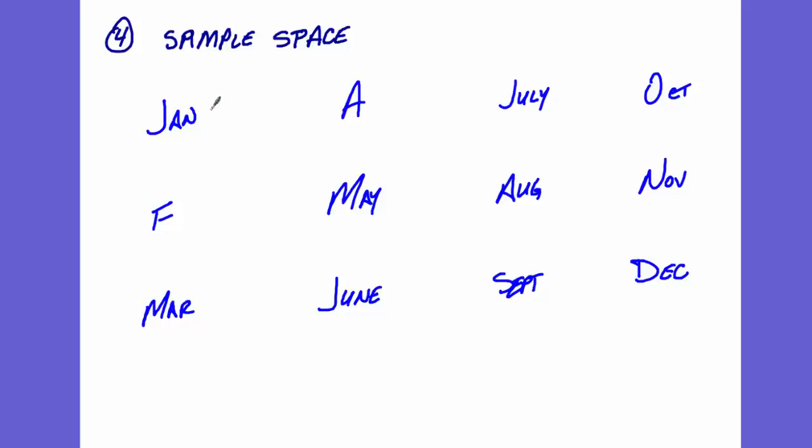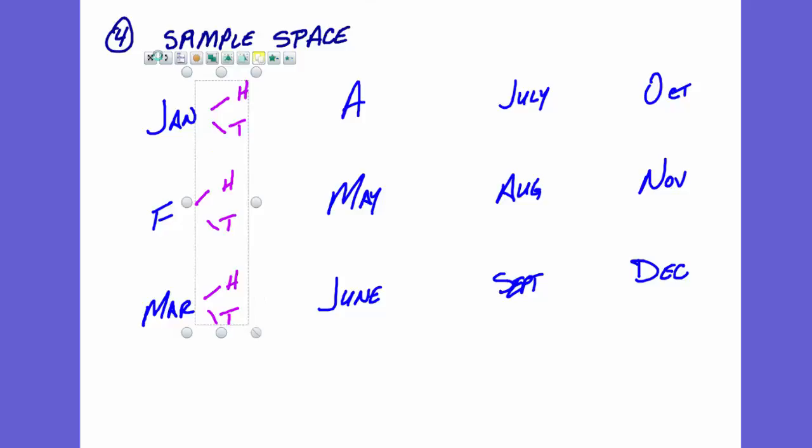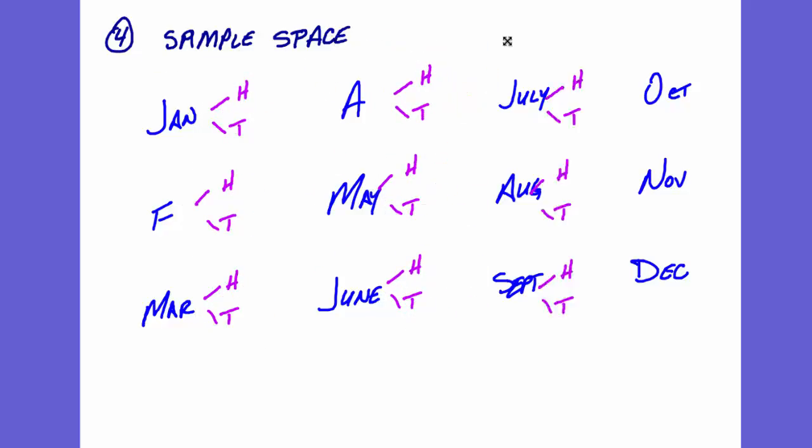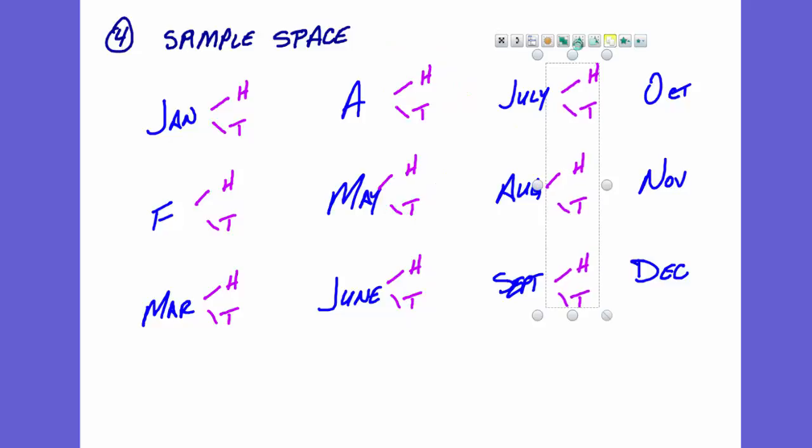For each of these months, we could pick January and then flip heads, or pick January, flip tails. February, flip heads, or February, flip tails. March, flip heads, or March, flip tails. And we can continue that for all the rest of these. For each of these, we have that same situation. Flip heads or tails, every single time.